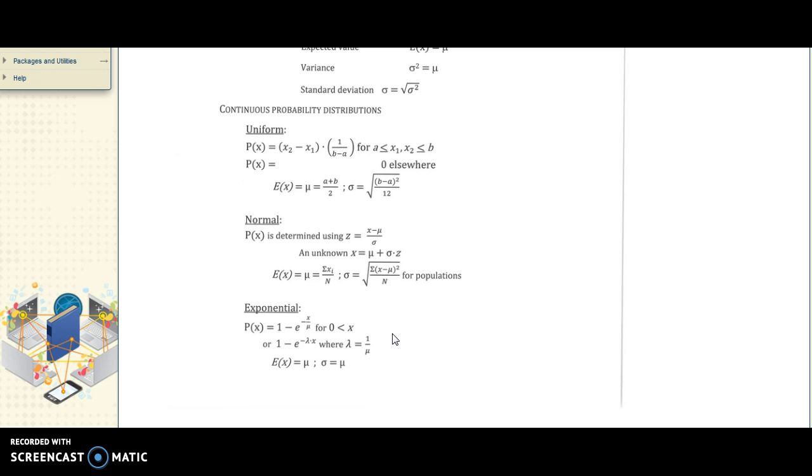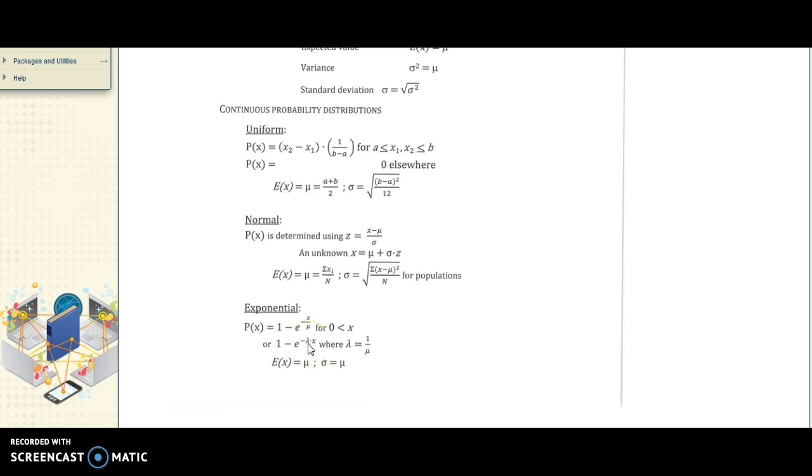One thing the book does, not sure why, is say that I have this Greek symbol lambda, which is equal to 1 over mu, or the average. And then it says, okay, the probability distribution function is 1 minus e to the negative lambda times x.